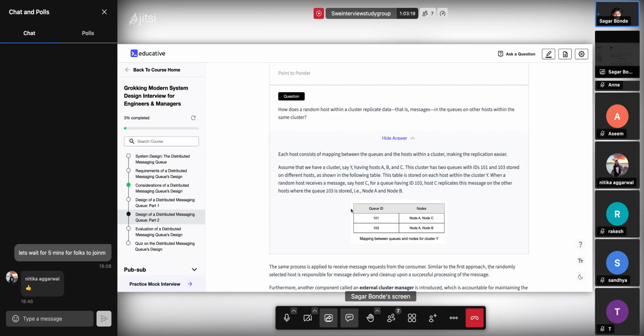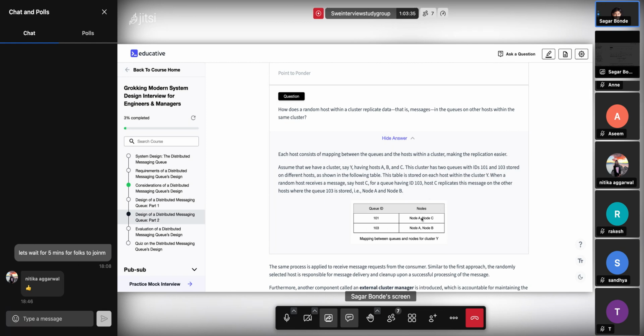Similarly, if a request is received by B for let's say 101, then B will ensure that the message intended for 101 will be stored successfully in node A and node C. What does it mean by stored successfully?